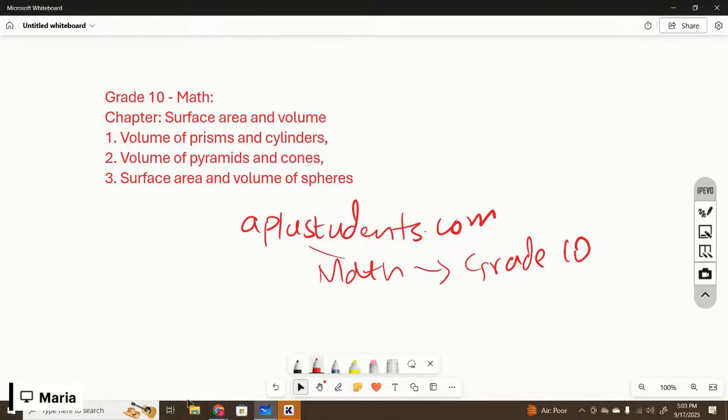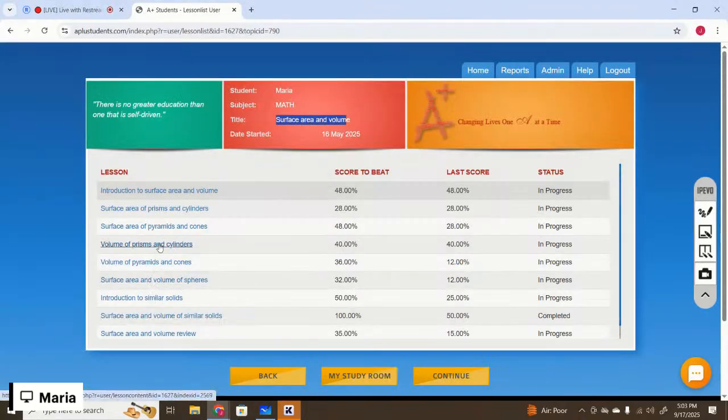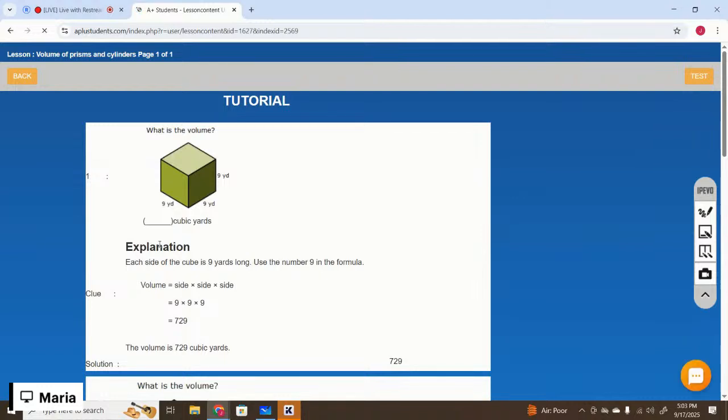Okay, so let's just start with the lesson. Volume of prisms and cylinders. What is the volume?